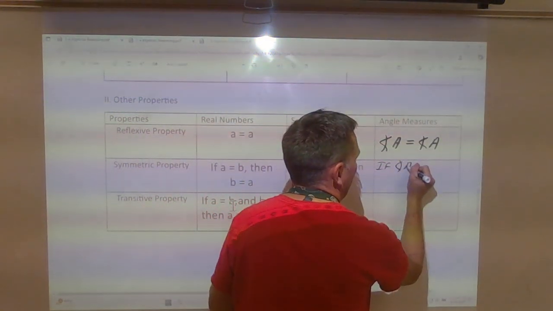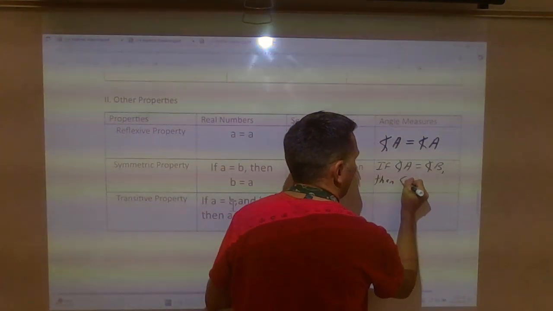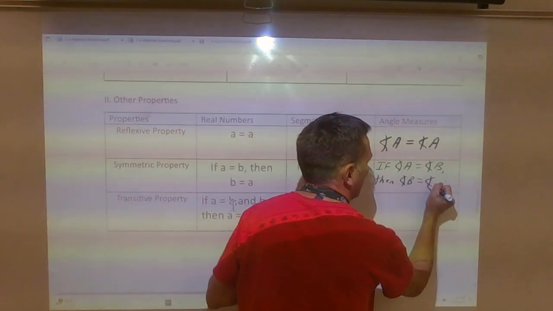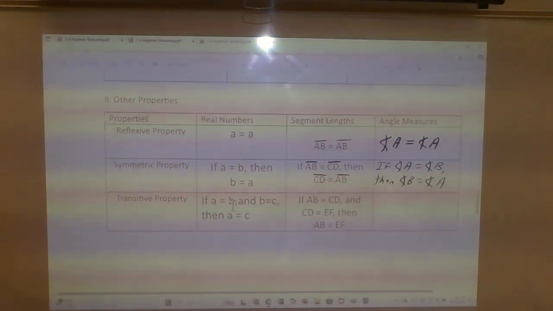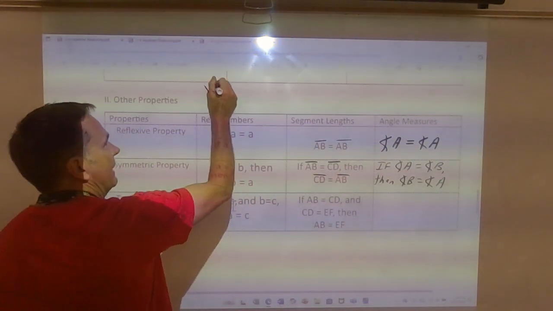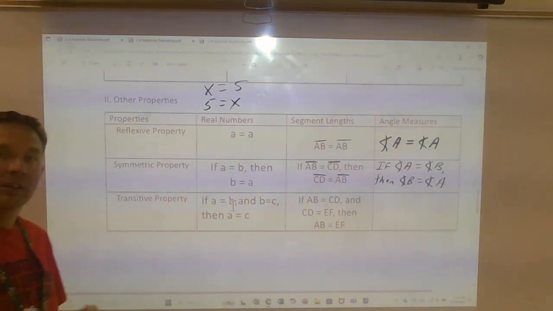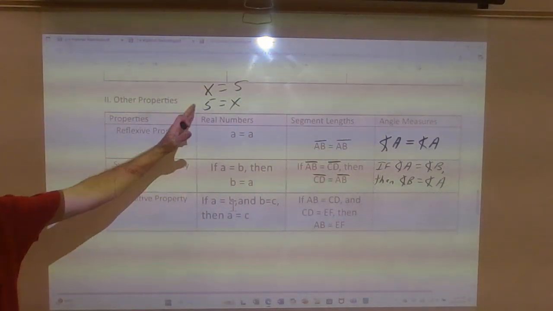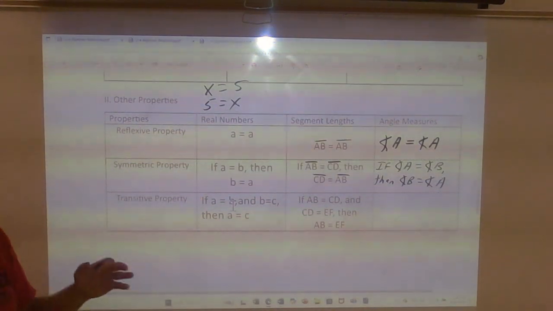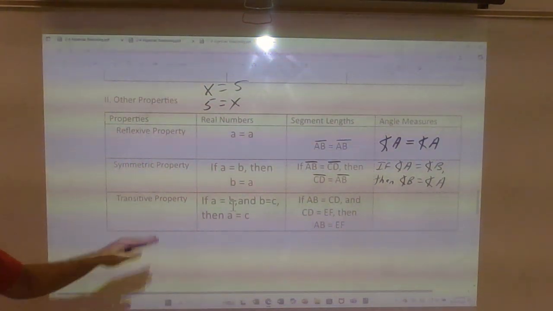If angle A equals angle B, then angle B equals angle A. Doesn't matter what comes first. Kind of like if we said, if x equals 5, well, then 5 equals x. Same way, but we're just writing it a different way, depending on how we want it to look. And we can do that because of this symmetric property of equality.